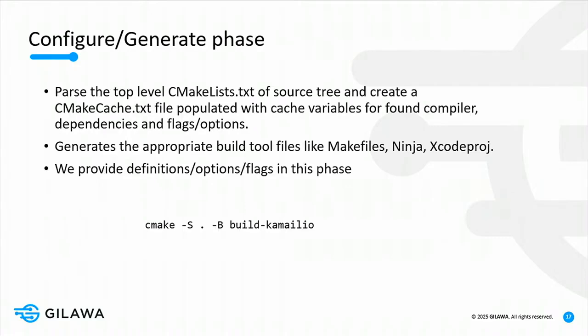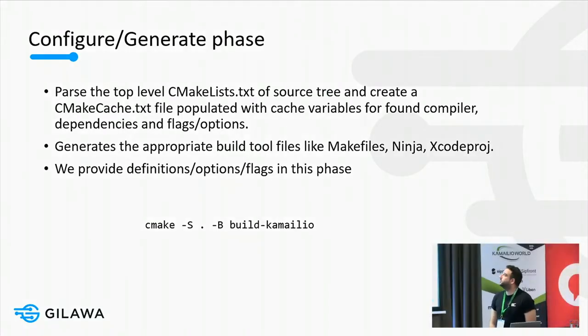So let's dive a bit into the configure-generate phase. What it actually does is parse the top-level CMakeLists of the source tree, and then create a CMake cache populated with various variables like the compiler, dependencies, options, feature support, and whatever else is needed.